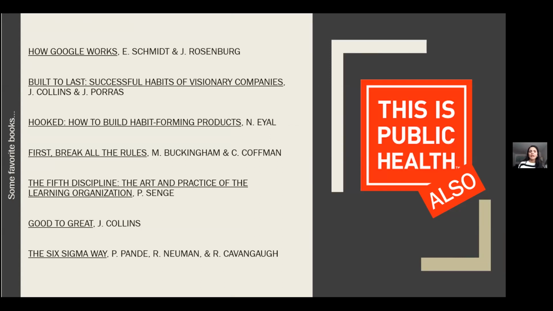How Google Works: Google might arguably be one of the most successful companies in the world and is known for a really great culture. This is written by Google executives. It's your classic corporate book that covers its history, the strategy, the philosophy, and innovation at Google. Just a really interesting read.